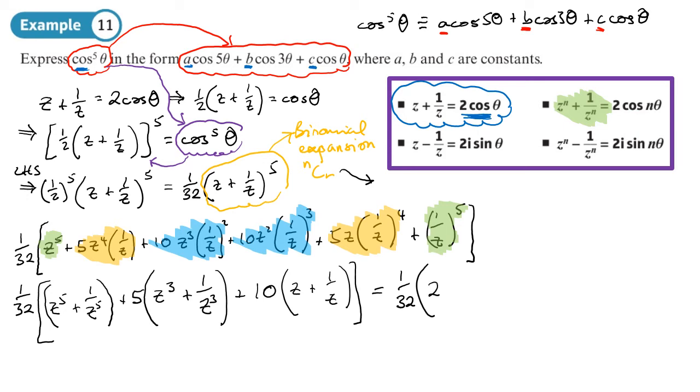So 2 cos 5 theta. This one here is going to become 2 cos 3 theta. And then this one here will become 2 cos theta with a 10 in front. So plus 10.